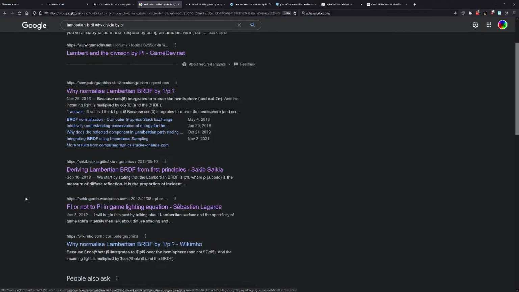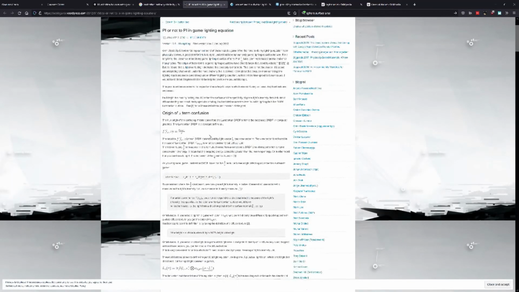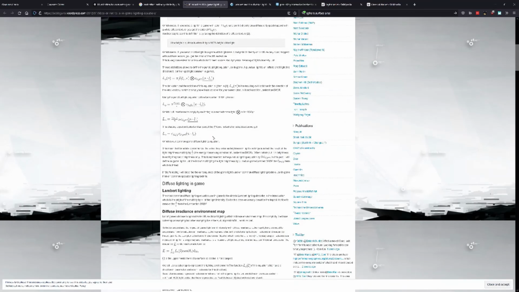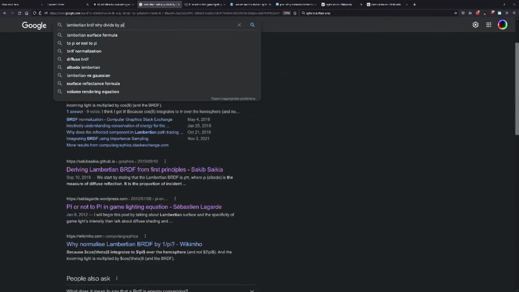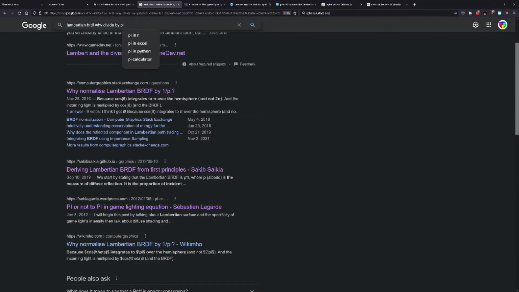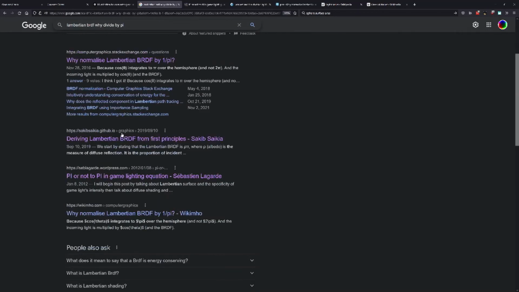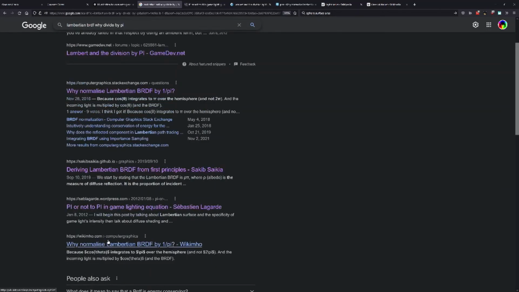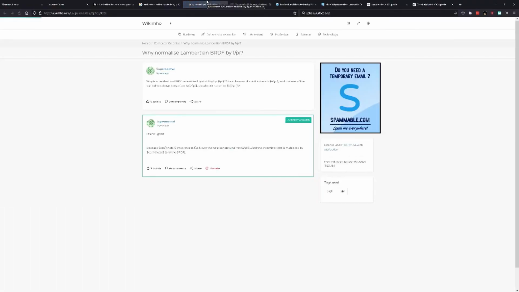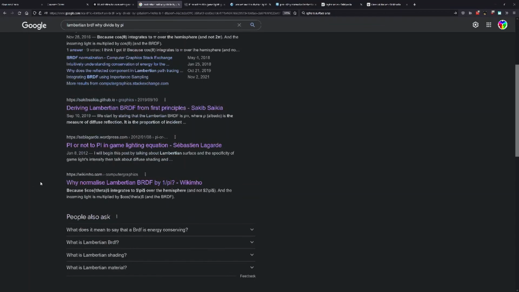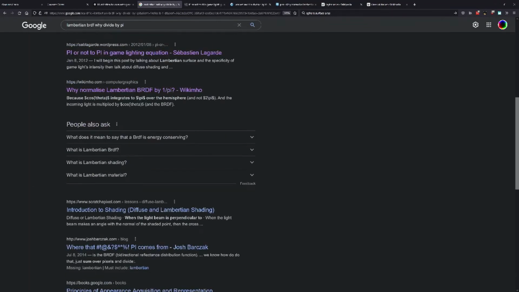There's also another answer that's a little bit different. I think if you add intuition to your search. Oh, I think it's just saying that the pi comes from the Lambertian term, that dot product in the integral.